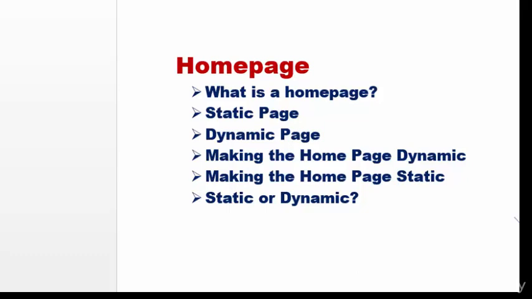Or you can get the best of both worlds. You can make half the page static and half dynamic, as I have shown you in the example earlier. The first part of the page will stay static, and the other part will be dynamic, it will keep changing. So when you publish new posts or new content, it will appear in chronological order. So you get the best of both worlds.